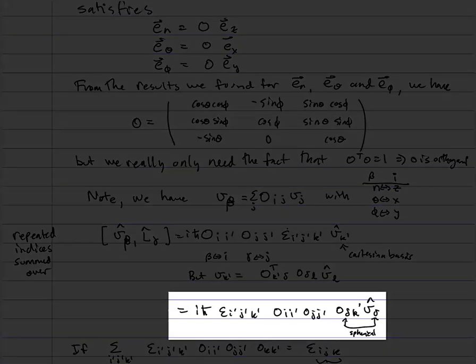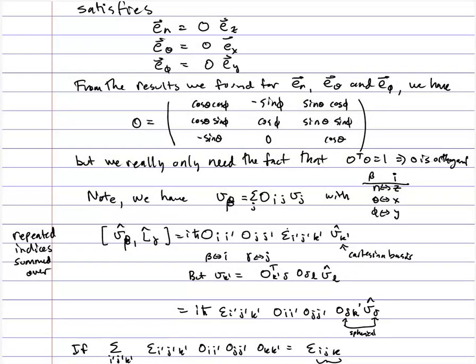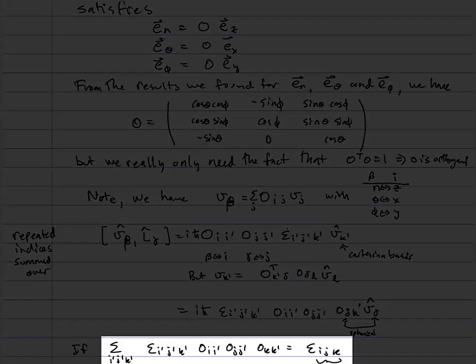So what this tells us is, and now I'm going to be changing to a general argument, if the sum over i', j', k' of epsilon_{i' j' k'} O_{i i'} O_{j j'} O_{k k'} is equal to epsilon_{ijk}, if that holds, then we know that we can just use the same formulas that we worked out explicitly in the Cartesian form.